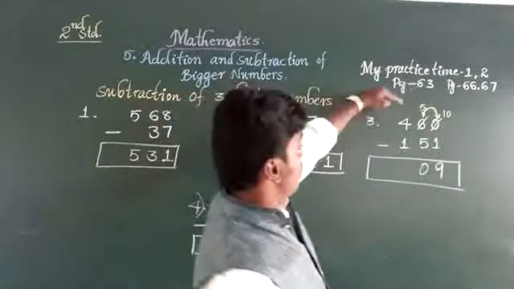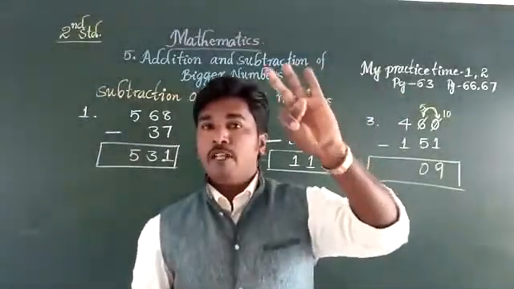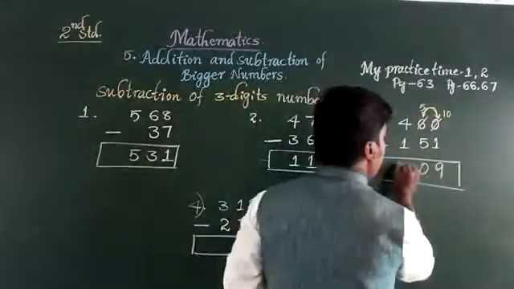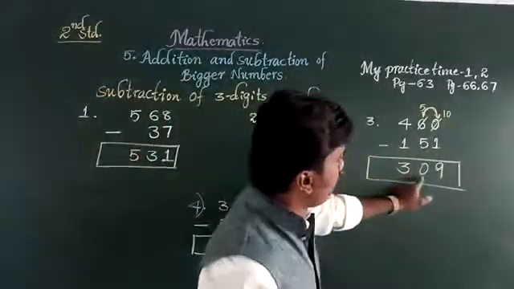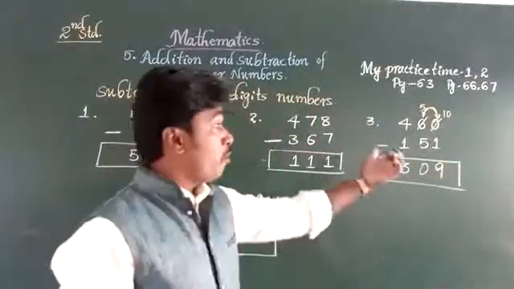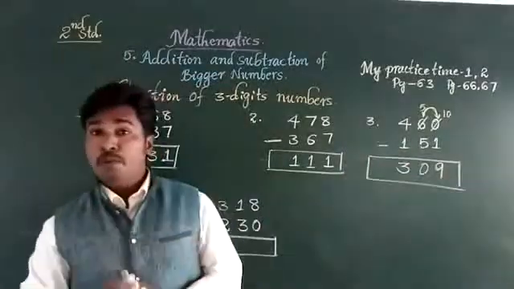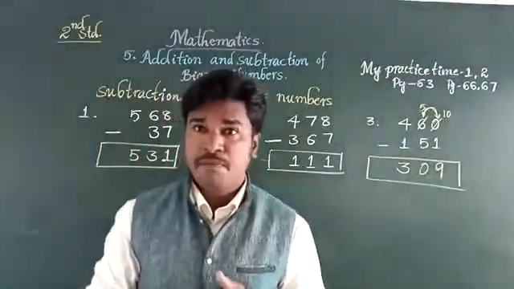Now come to the next stage. 4 minus 1. How much did you get? You got 3. Write it in the hundreds place. So the answer is 309. I hope you are all understanding this type of problem, because in the last two chapters you practiced many more problems.